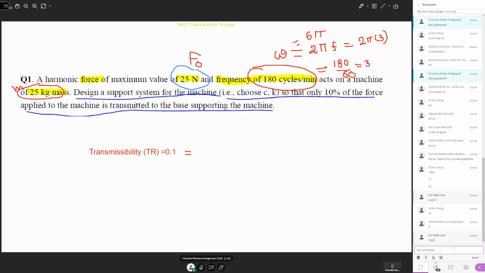So as I know, the transmissibility expression is 1 plus, 2 eta r whole square, over 1 minus r square.